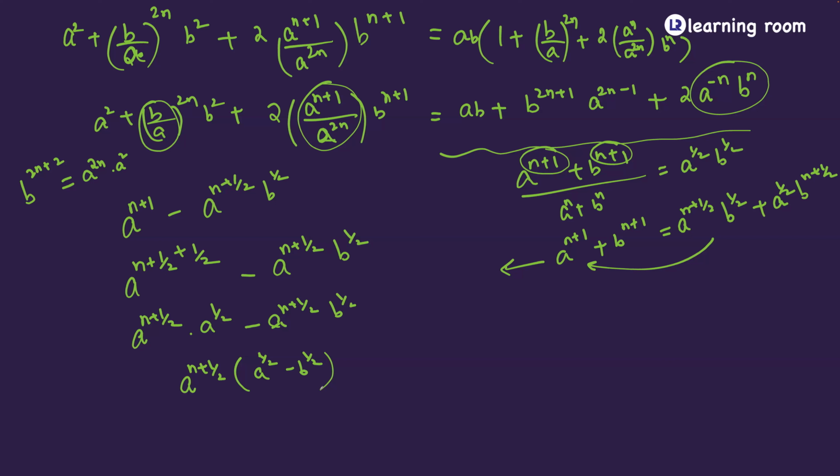Can you do the same thing? I'll give you 1 minute. Forget about the first approach. Can you take this b power n plus 1 to the other side, combine it with a power half and write it in this format and tell me? Let me check how much I've understood.